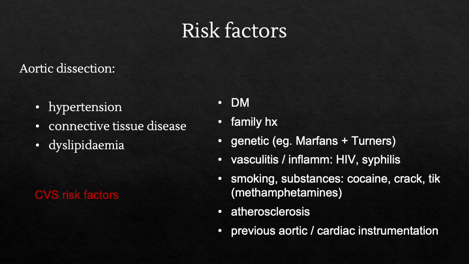In particular, for aortic dissections, if the patient has had previous aortic or cardiac instrumentation or surgery. You can also have no risk factors, but still have an aortic dissection.